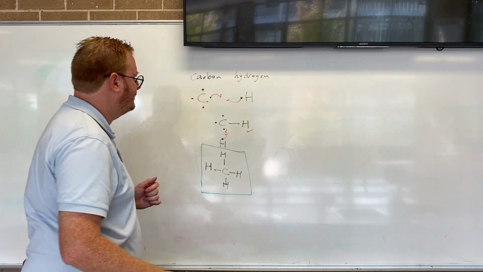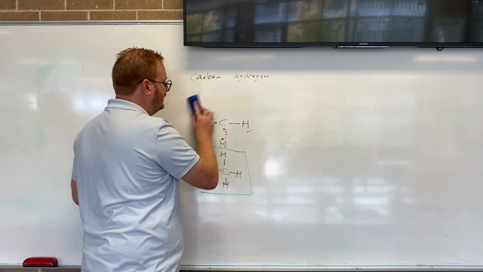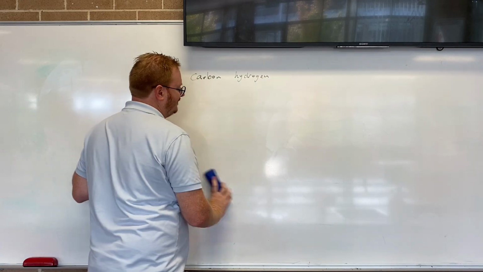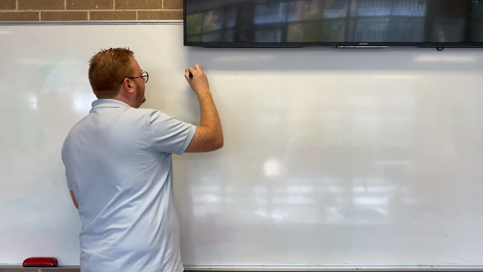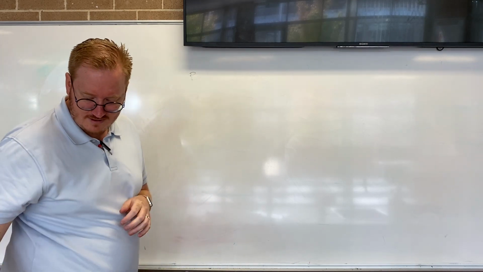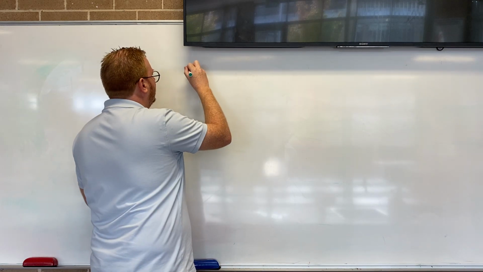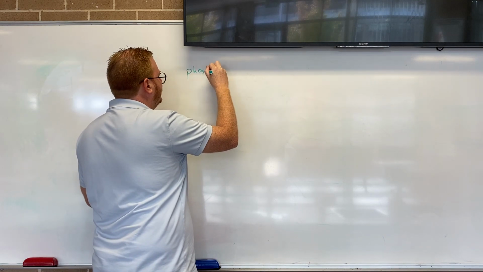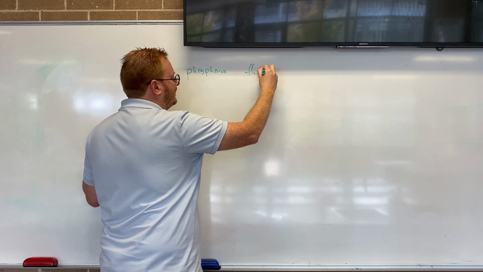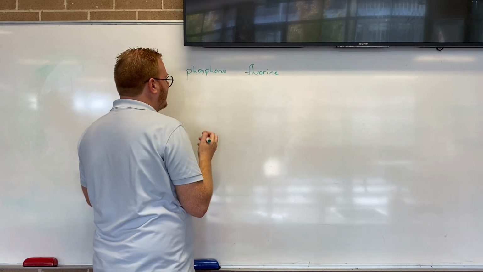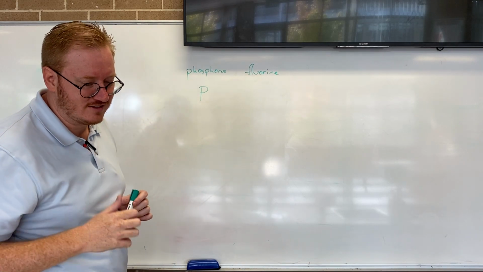In the most simple way. One more, phosphorus and fluorine. Let's do the same thing with phosphorus and fluorine. Okay, capital P for phosphorus. It has 5 valence electrons.